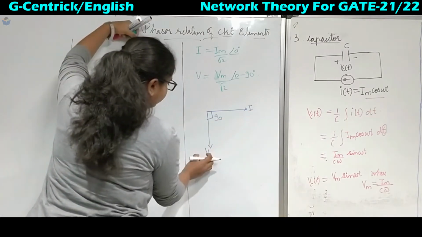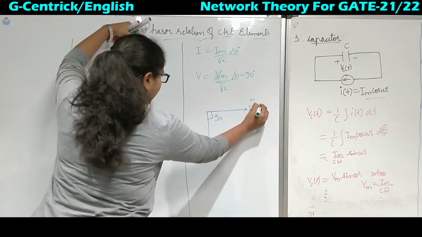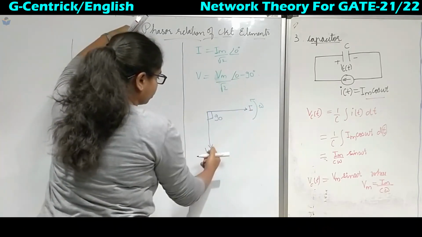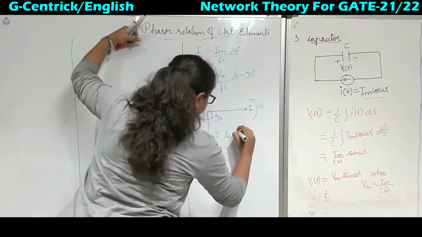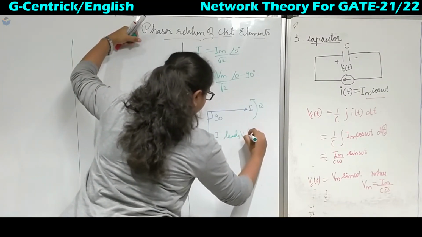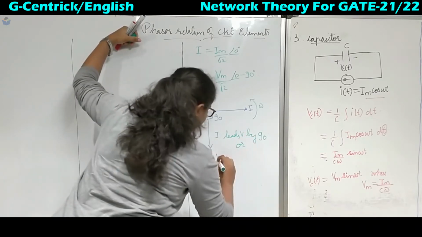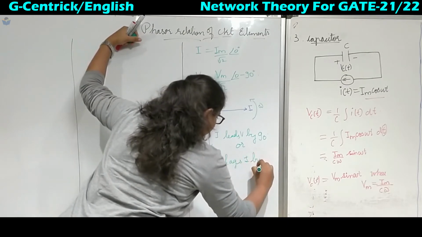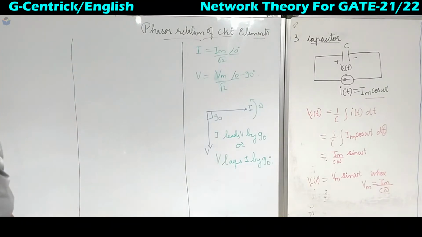I is here, V is here, so which is leading? The phasor rotation is always anti-clockwise, so this will move in this direction, so V is behind I. So it means that I leads V by 90 degrees, or you can say V lags I by 90 degrees. This is the statement you can write.